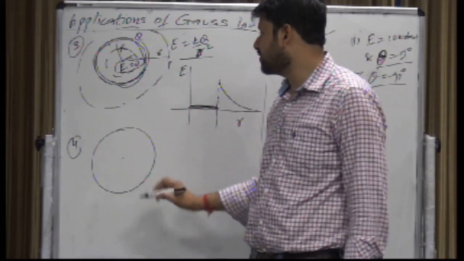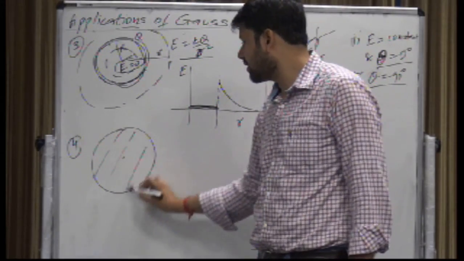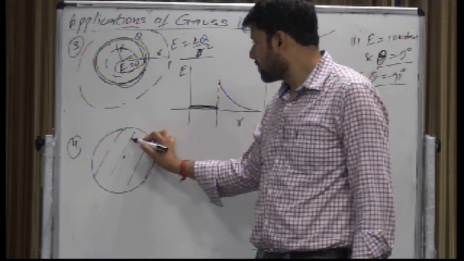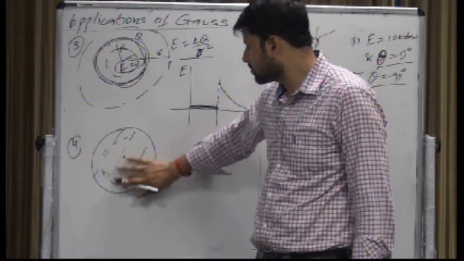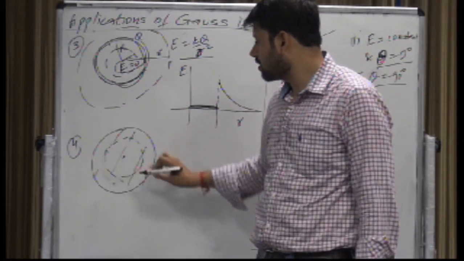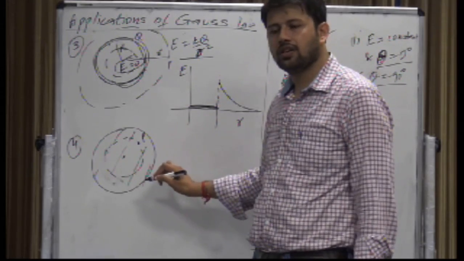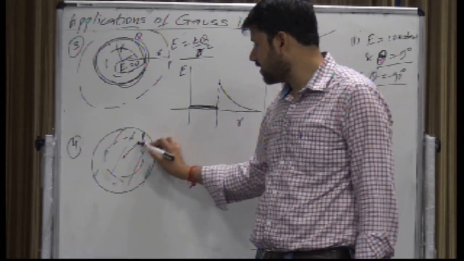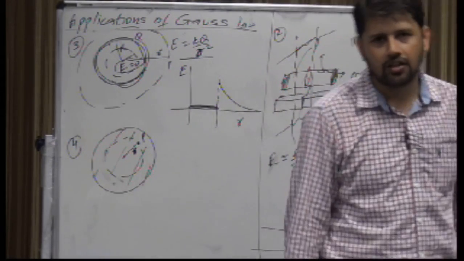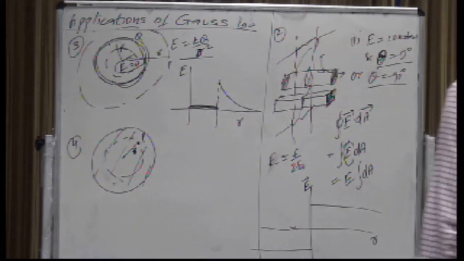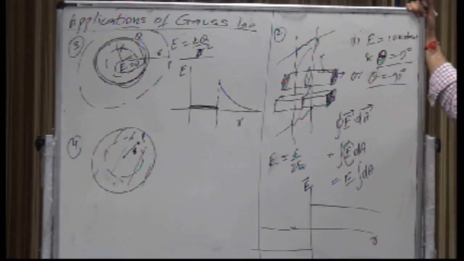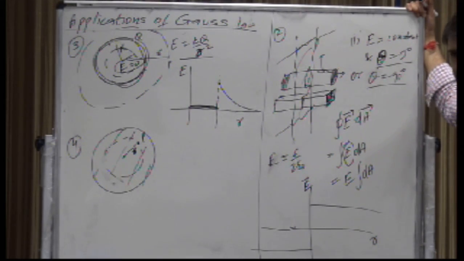What about a solid sphere? A solid sphere has material inside as well. So for any point P inside, the Gaussian surface is drawn concentric with the solid sphere but passing through P. Please note, you always need to take a Gaussian surface so that it passes through the point.